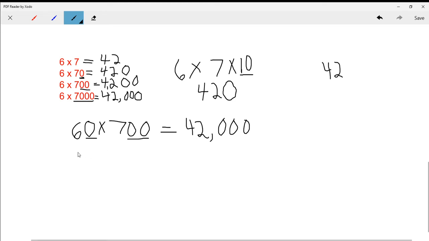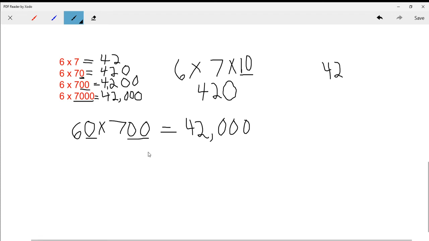And really, if I'm multiplying things like this in my head, or even on paper, with a bunch of zeros after, this is literally how I do it, is I'll count all of the zeros and figure it out from there.